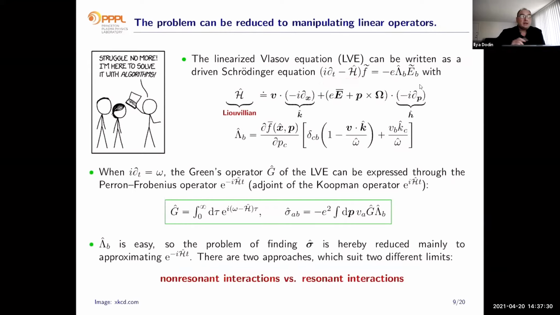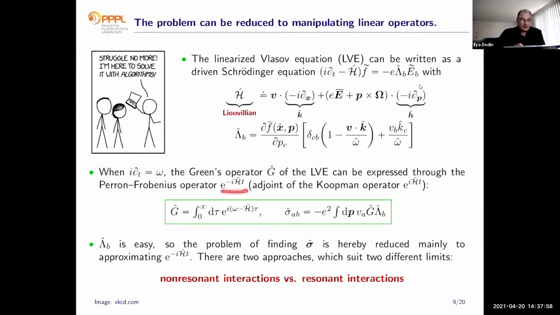Now, for monochromatic waves in plasma, the nice thing is that you can actually do it. The Green's operator, which is essentially the inverse of this, can be expressed in the formal integral form as exponentiated Liouvillean, and the integral is from 0 to infinity.